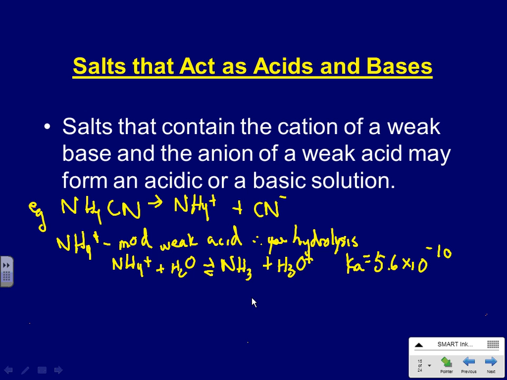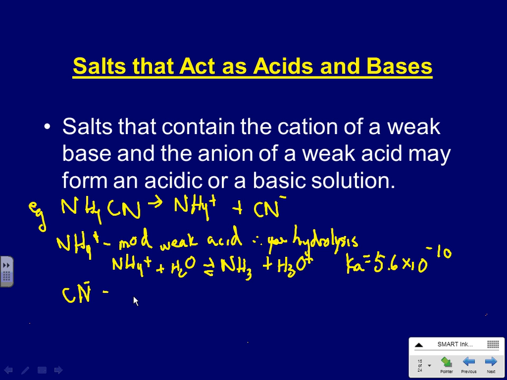Well, hold on. We've got to take a look at the CN this time. CN minus. Again, we're overwhelmed, too much stuff. Go to the page. What side is it on? What's it behaving as? It's a base, right? And I'm thinking it's a moderately weak base. It's hanging around 10 to the, well, what is the number?